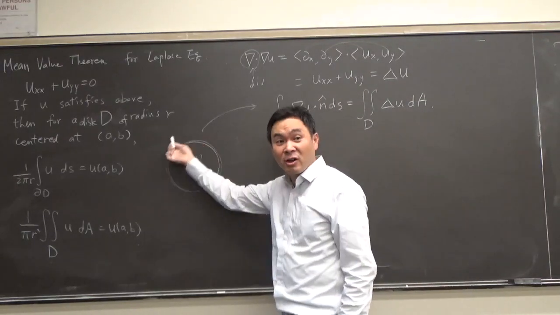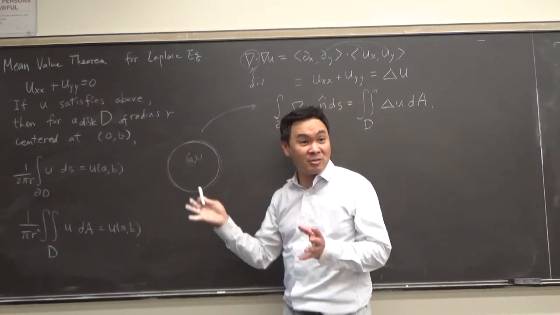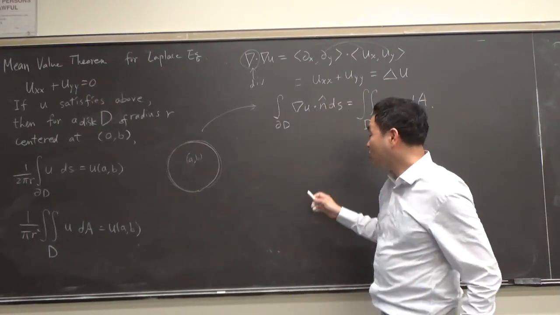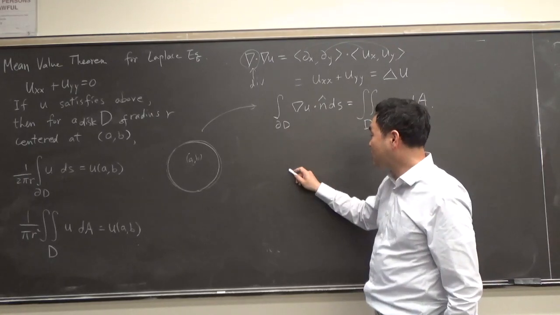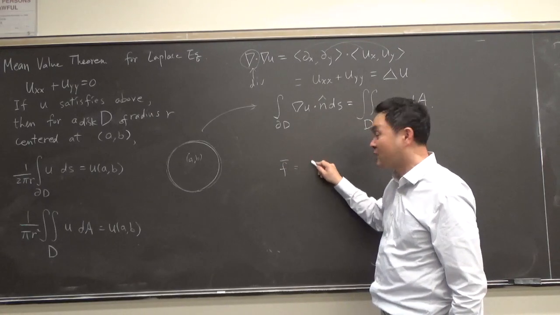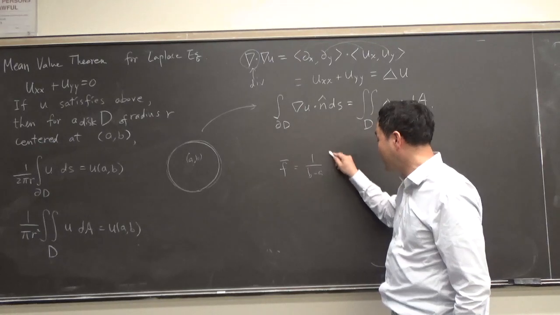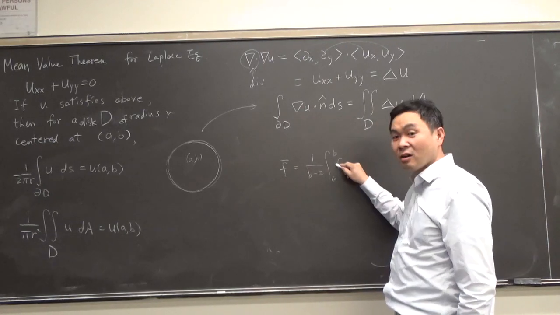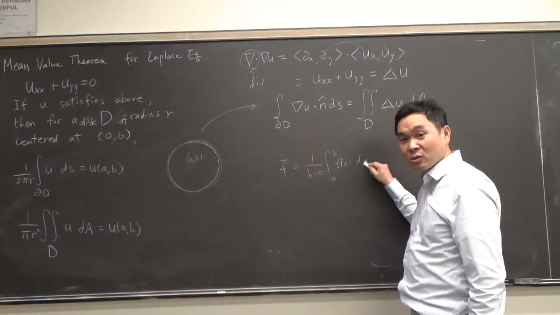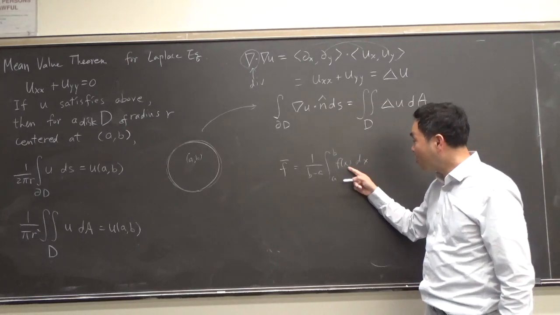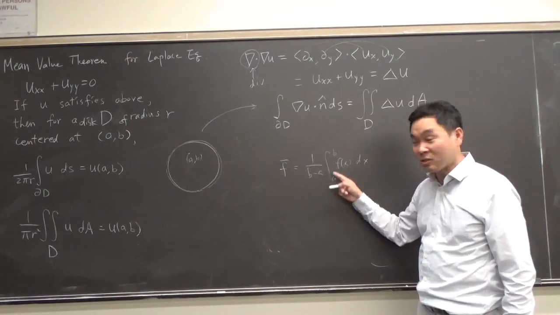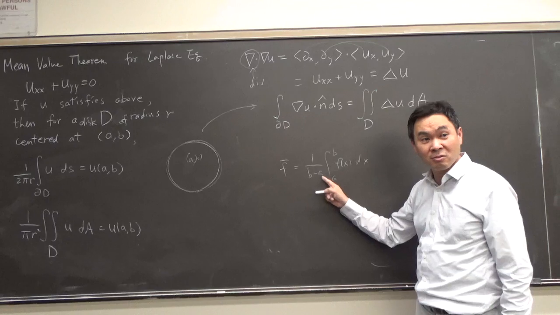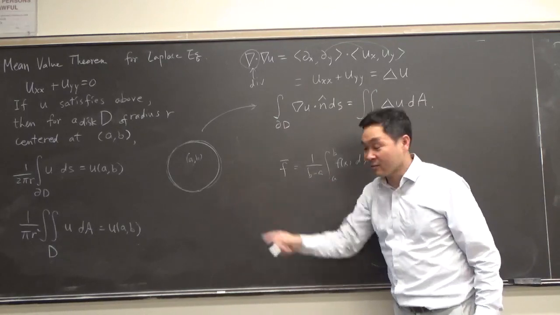You add up every value on there and you divide it by its size. You learned in Calculus 1 and Calculus 2 that the average value of a function is defined as 1 over b minus a times the integral from a to b of f of x dx. What does this do? It adds up all the values of f over this interval a to b, and you divide by the size of the interval. You get the average. Same idea.